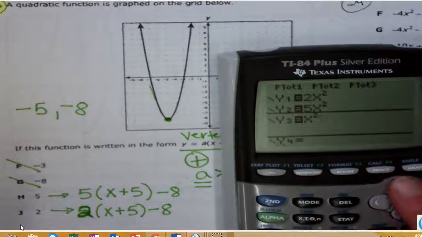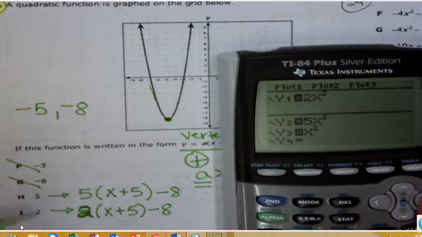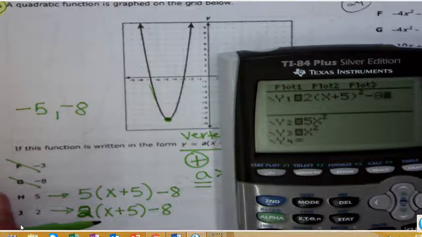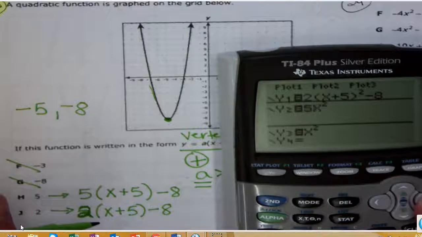So I can even go back up here and change that and say, all right, parentheses, x plus 5 in parentheses squared minus 8. And then change this one to parentheses x plus 5 in parentheses minus 8.